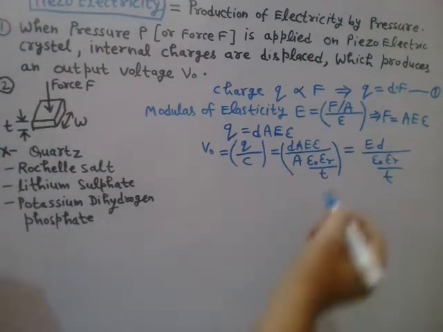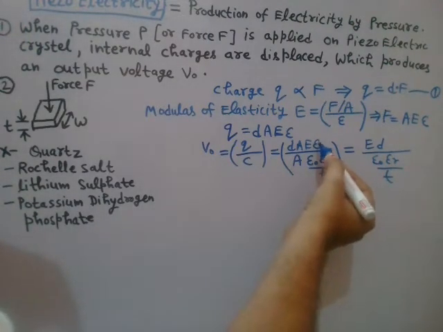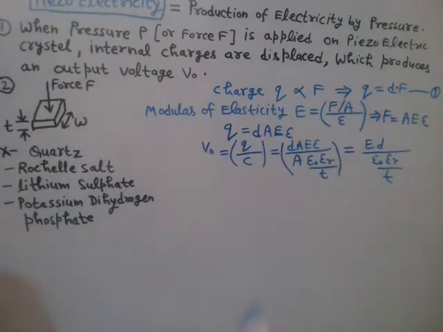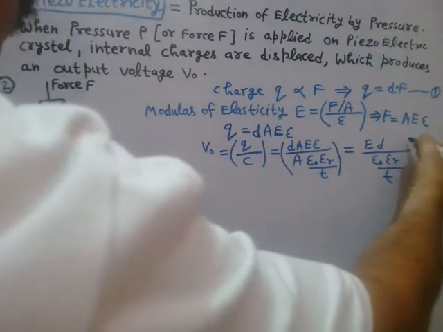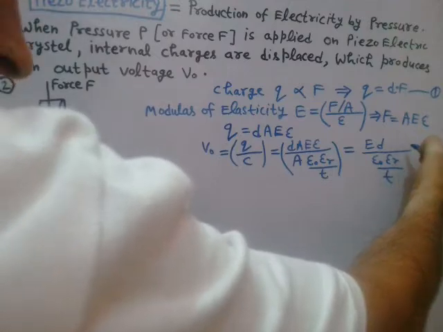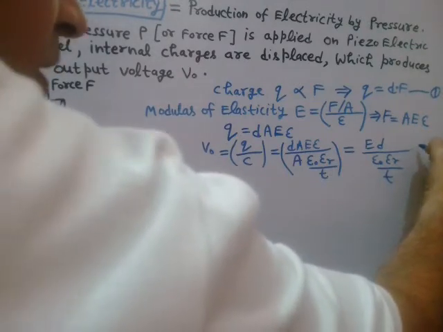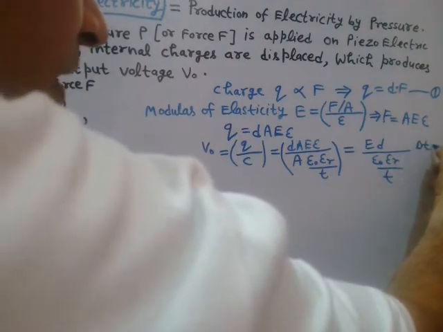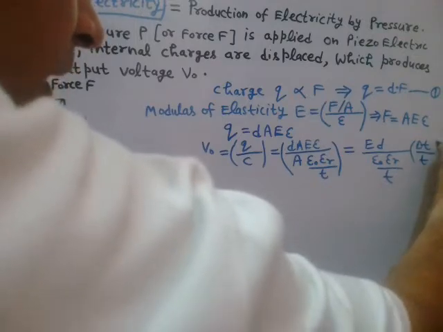And in place of this epsilon, you simply put, that is epsilon is nothing but the strain, that is delta T by T, right? So put delta T by T. Alright.